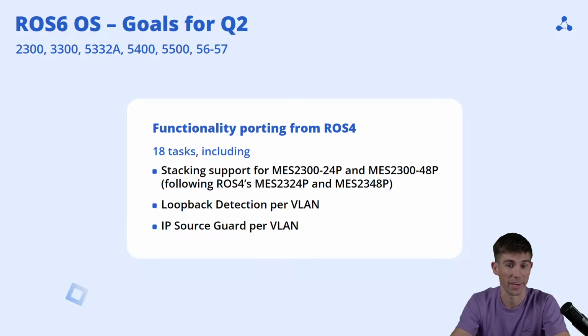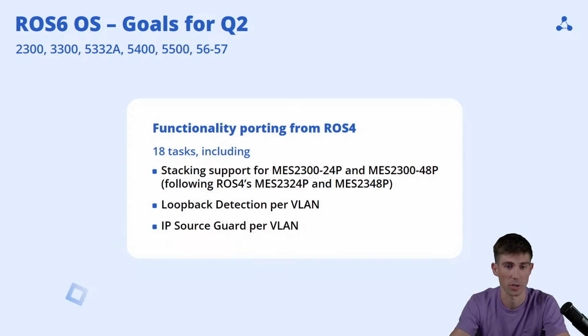We are planning to do this for the next few releases, and with the release that is available right now of ROS 6, we have about 18 tasks ported from ROS 4. If you ask me, the most important ones are listed on this slide.